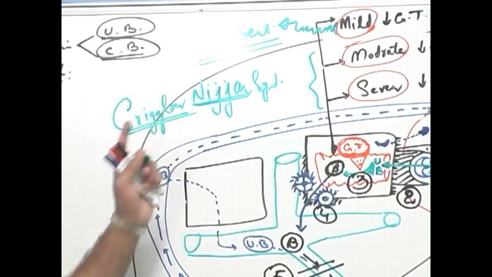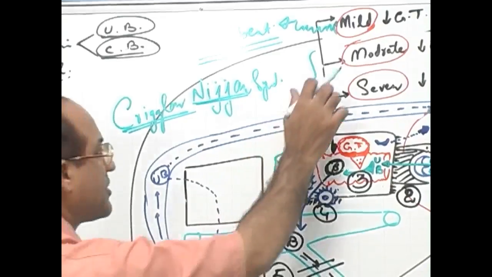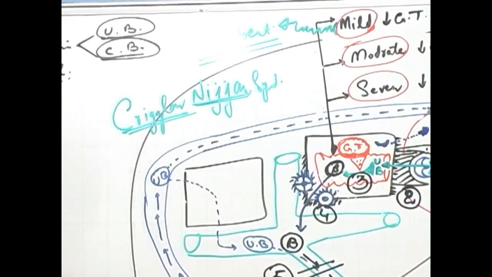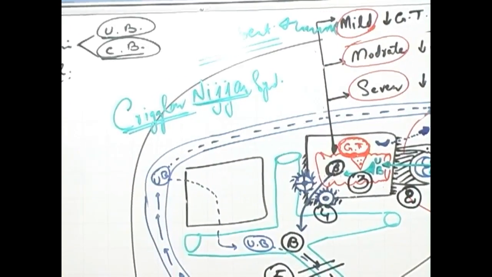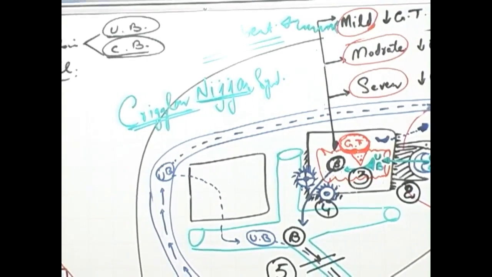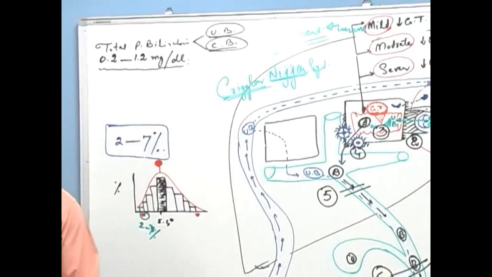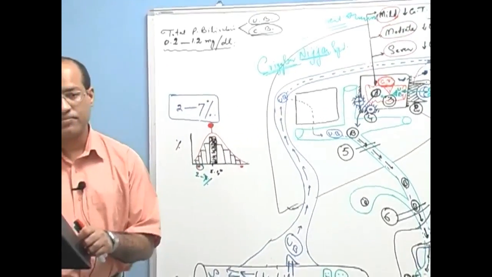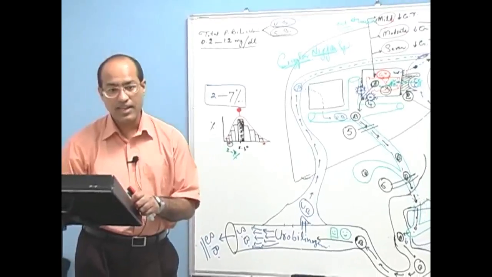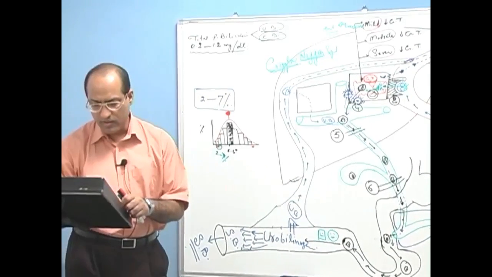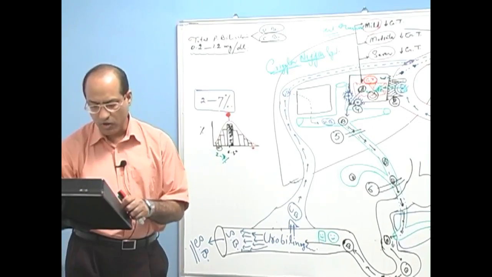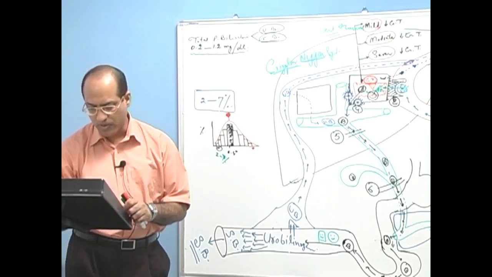Now this Crigler-Najjar syndrome again is of two types. In one type of Crigler-Najjar syndrome, what really happens is that there is severe deficiency of what? Glucuronyl transferase. And in the other type, there is moderate deficiency of glucuronyl transferase.